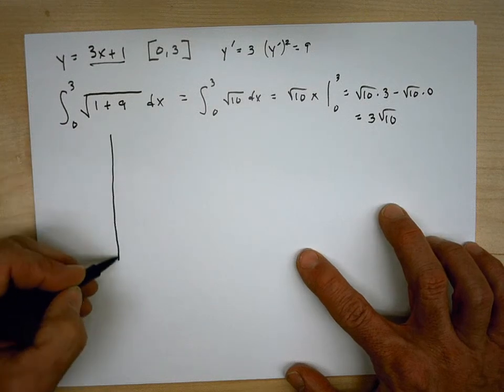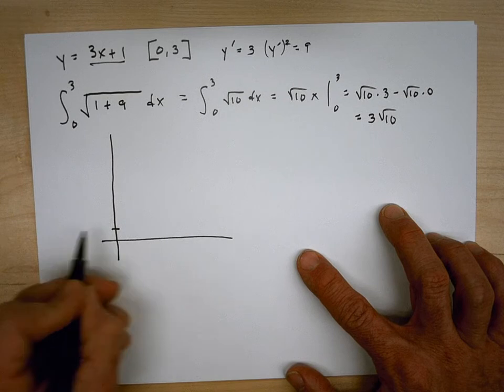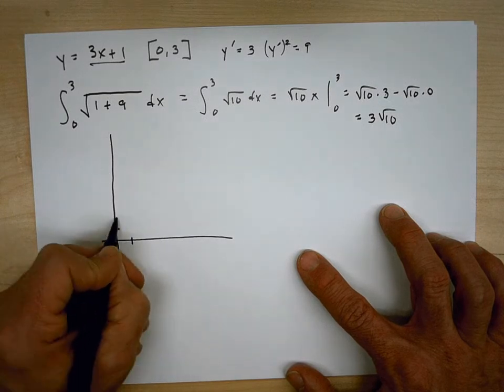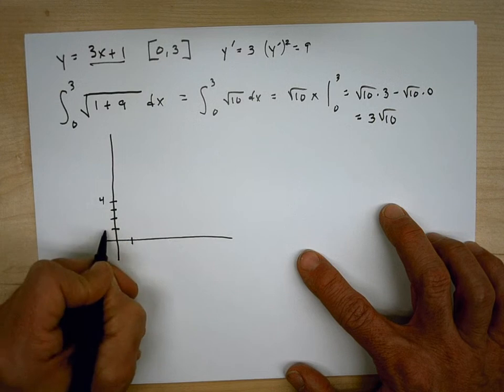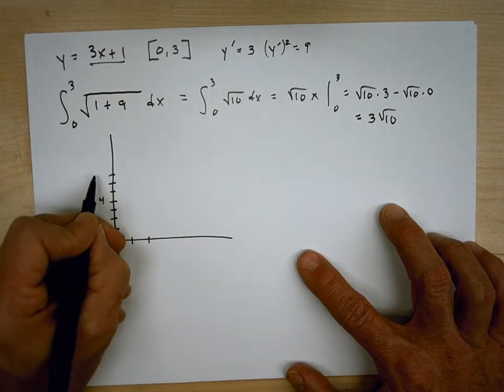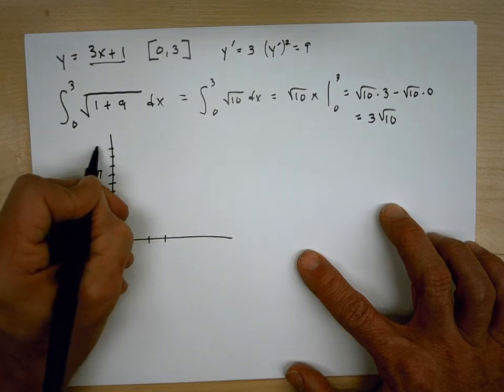Let's say I want to graph this thing. So we know the y-intercept is 1, all right? And then at 1, it goes up to 4, so there's 4. And at 2, it goes up to 1, 2, 3, 7. And at 3, it goes up to 1, 2, 3, 10, right?